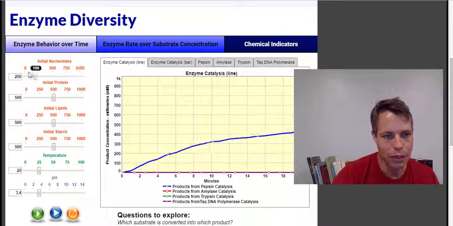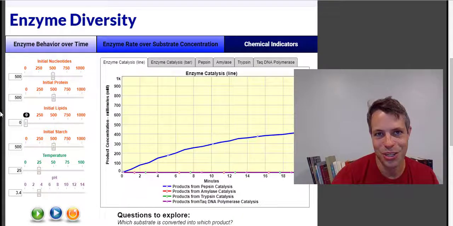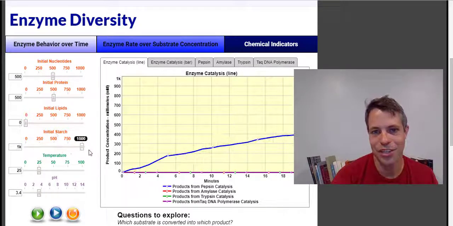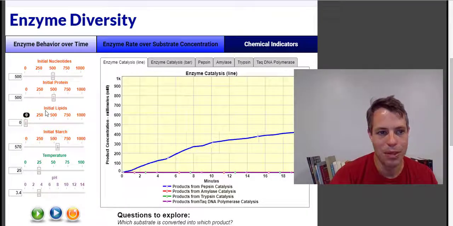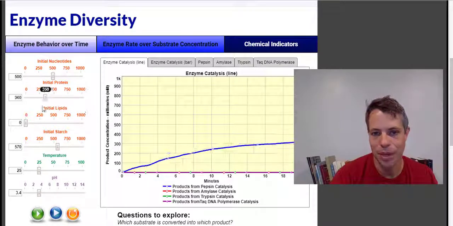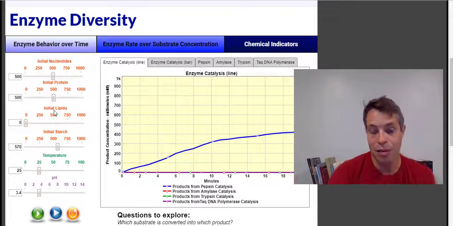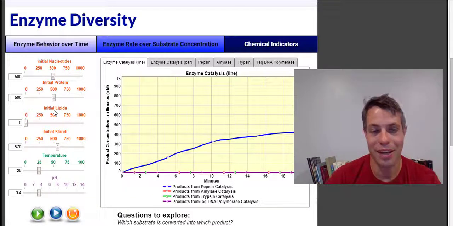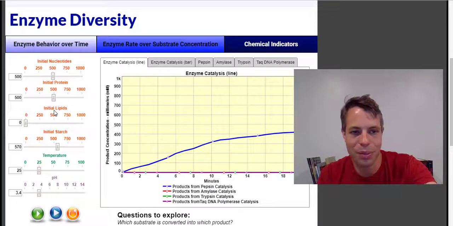Nucleotides don't change at a pH of 3, lipids don't change at a pH of 3, and starch does not change at a pH of 3. But what does change is the protein. So that enzyme is catalyzing the breakdown of that protein molecule, generating this product that we see.